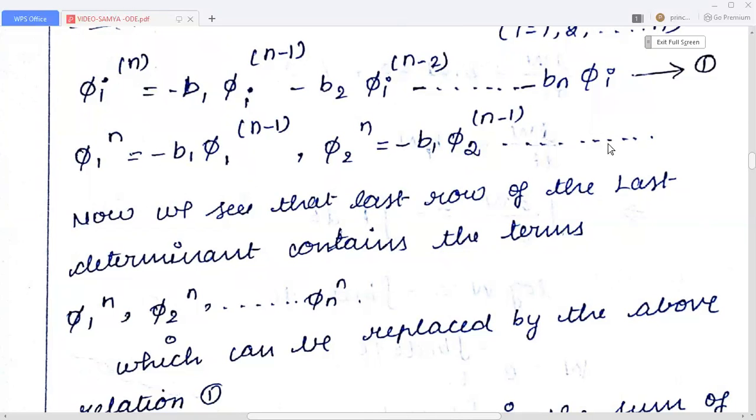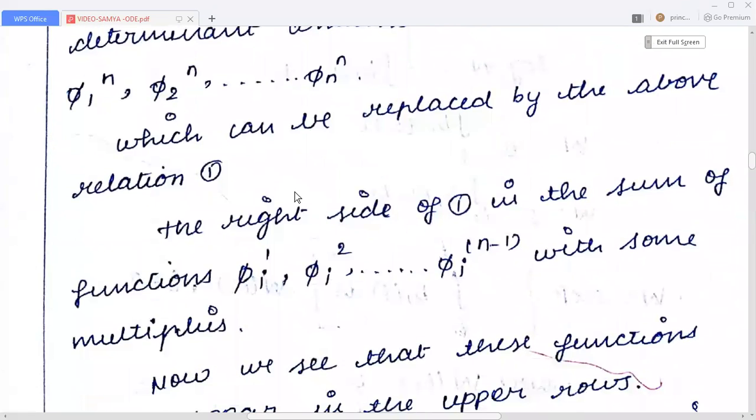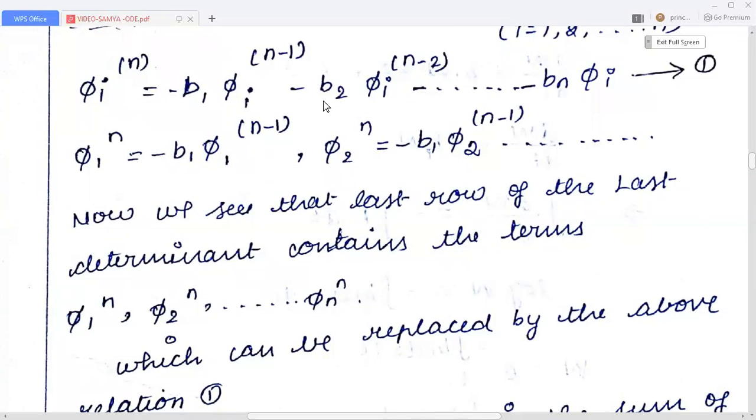In the next term also the first term should be minus b1. So now we see that the last row of the last determinant contains the terms pi1 power n, pi2 power n, up to pi n power n, which can be replaced by the above relation 1.